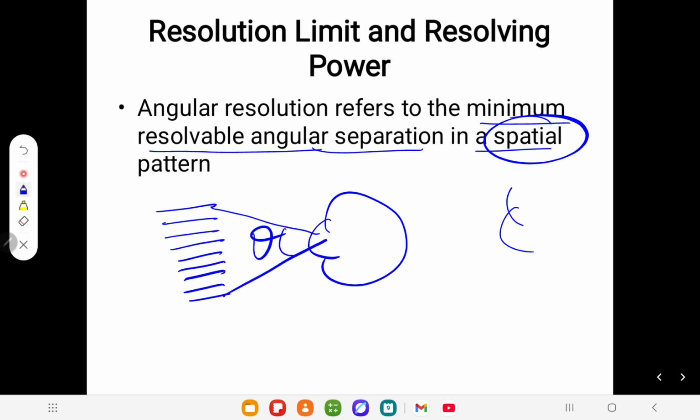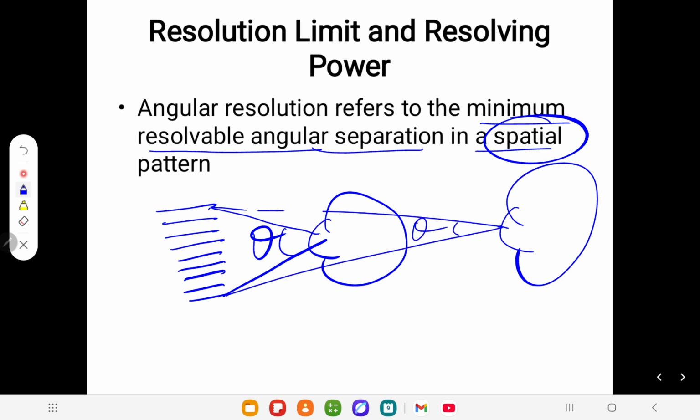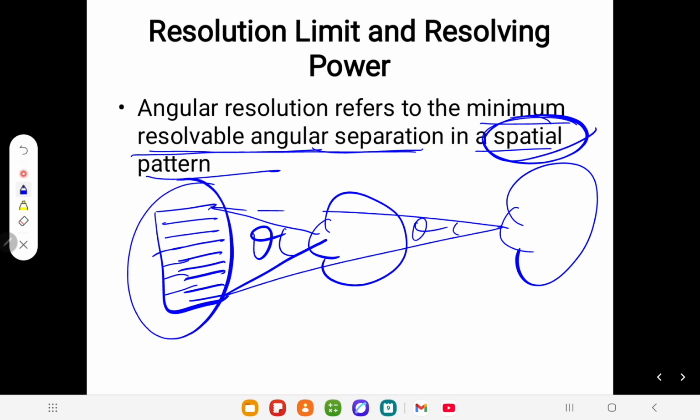If the same eye is at a greater distance, it makes a smaller angle, isn't it? So the angle made by this pattern at the eye, the spatial pattern is in space, but that spatial pattern makes the angle at the eye.